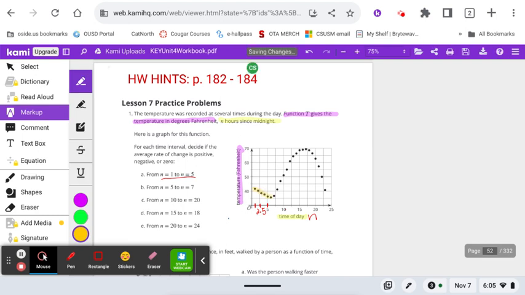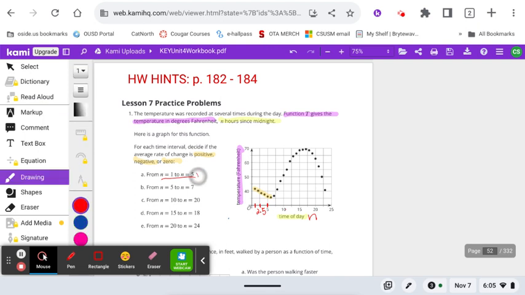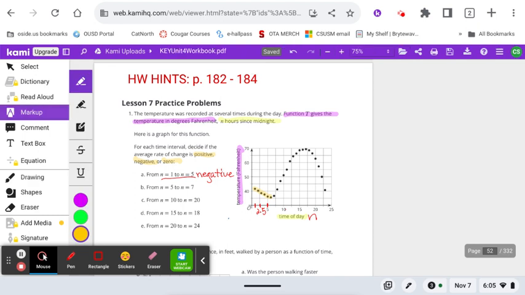And so is that positive change, negative change, or a zero change for the average rate of change? We see that it starts high and goes down low. So of course we would just call that a negative average rate of change.